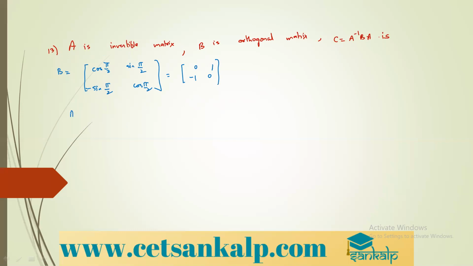And let me take A, an invertible matrix, that is 1, 3, 0, 1. This is an invertible matrix. And then I have A inverse. A inverse very easily I can write 1, minus 3, 0, 1. Both A and B I have to take of the same order. That is very essential.